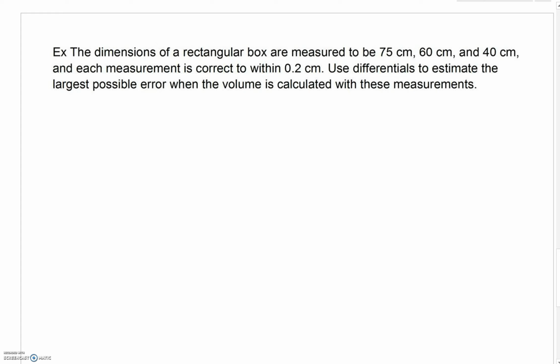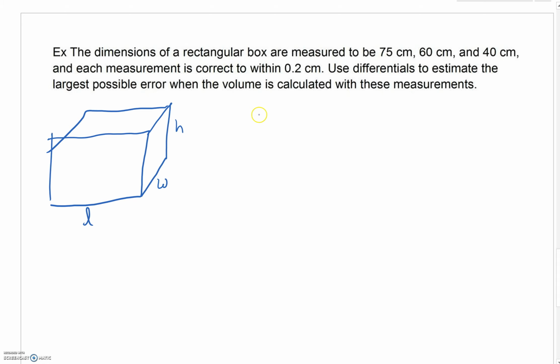It says the dimensions of a rectangular box are 75, 60, and 40. So very much what you can see is its length, width, and height. Just as we had learned in our days of geometry, volume was always length times width times height.